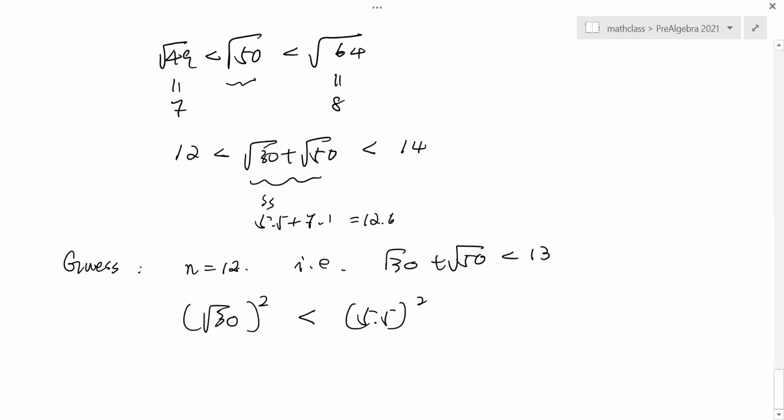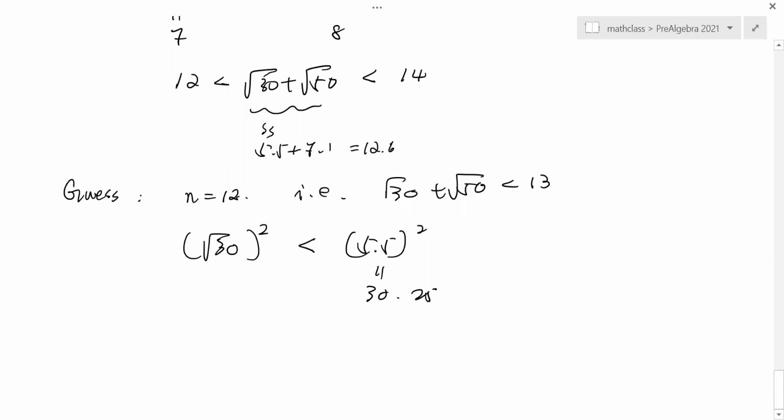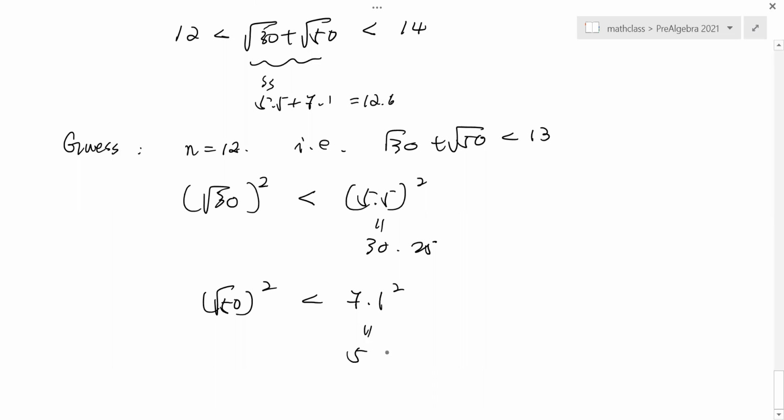So this is true because 5.5 times 5.5 is going to be 30.25. You have to guess and try. And then is 50 less than 7.1 squared? Let's check 7.1 times 7.1. That's going to be 50.41.